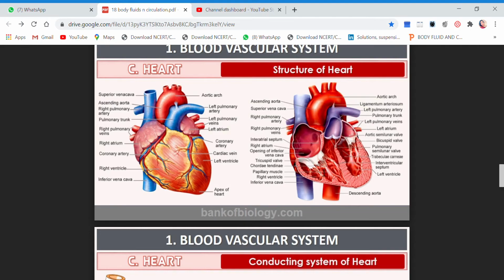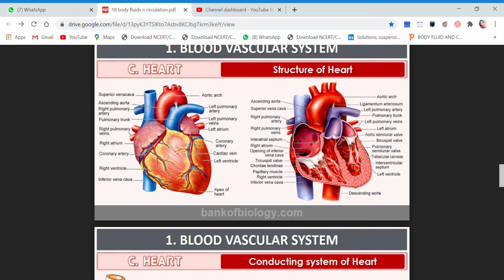So from the right ventricle, the blood moves on into the pulmonary artery through semilunar valves, and from the left ventricle, the blood moves on to the aorta again through semilunar valves, so that the backflow of the blood is prevented. The valves are present there.